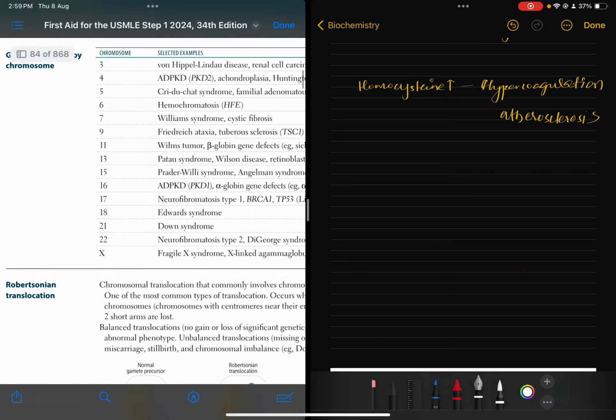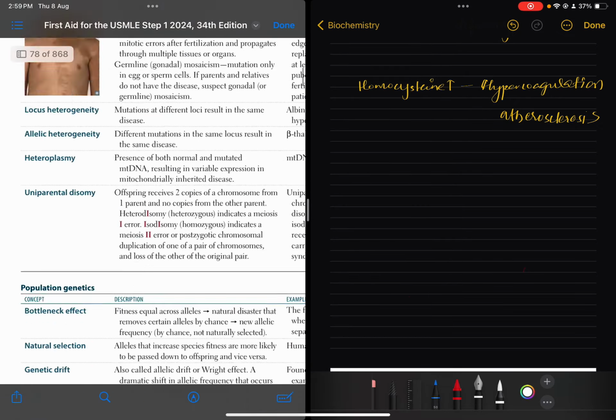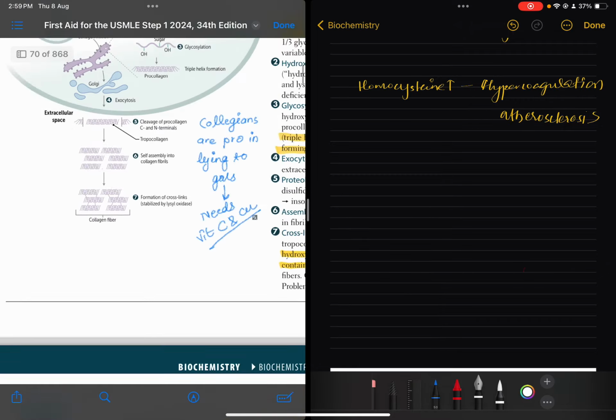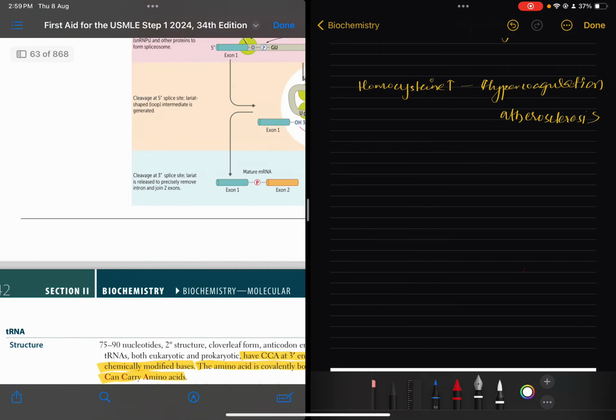That we have also learned while we were discussing purine. So let's first see that pathway, how folate is important in the synthesis of purine and pyrimidine.